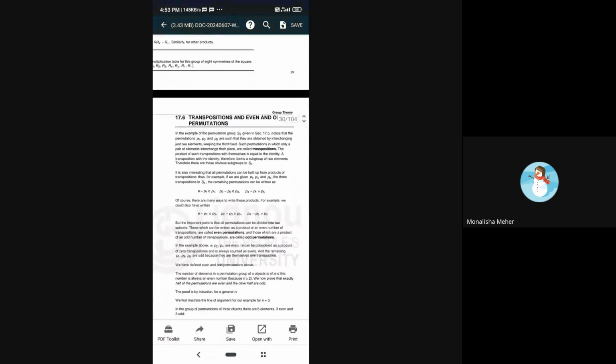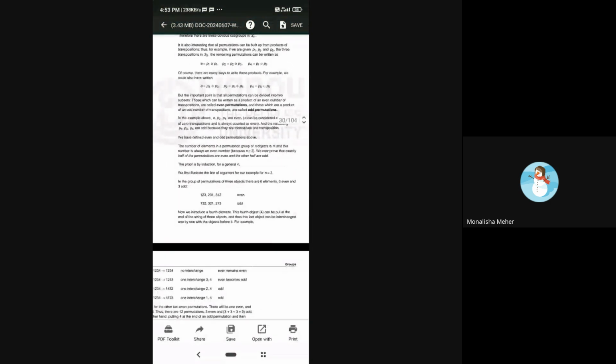So you have even permutations and odd permutations. See 1 2 3, 2 3 1, 3 1 2: these are even permutations. And 1 3 2, 3 2 1, 2 1 3: these are odd permutations, achieved by an odd number of transpositions.